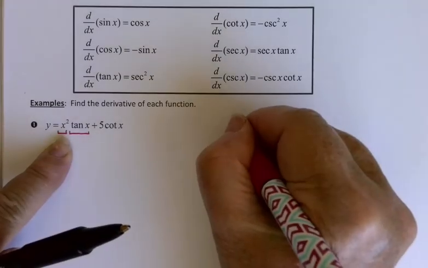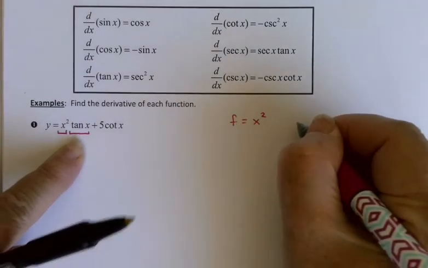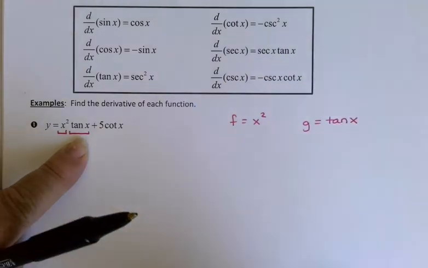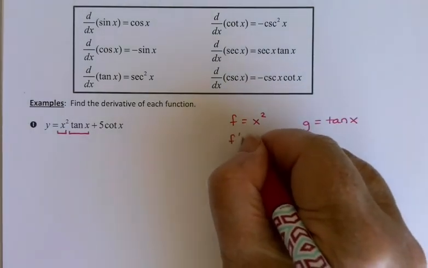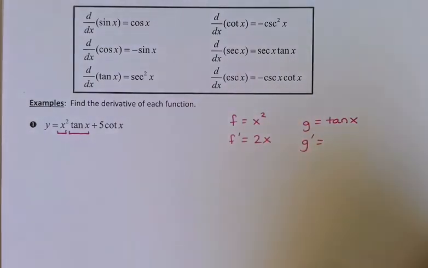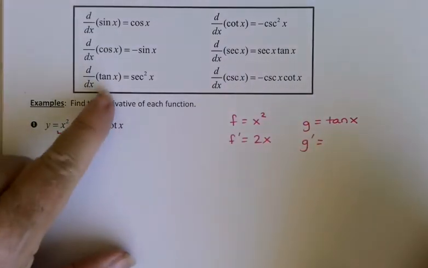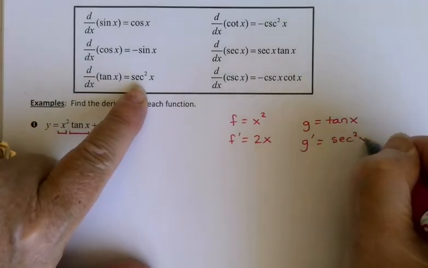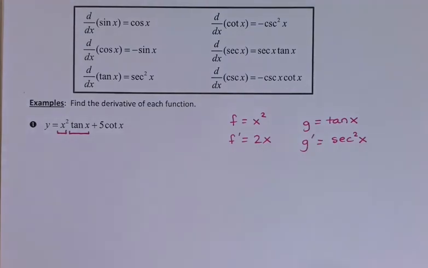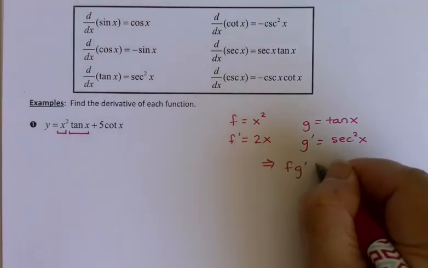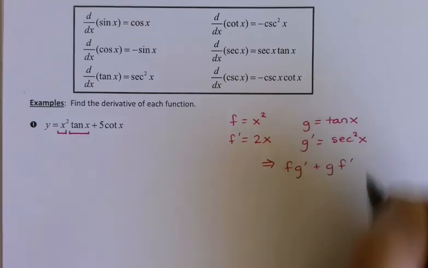F would be x squared, and g would be tangent x. So f prime is 2x, and g prime is one of our new ones. The derivative of tangent x is secant squared x.